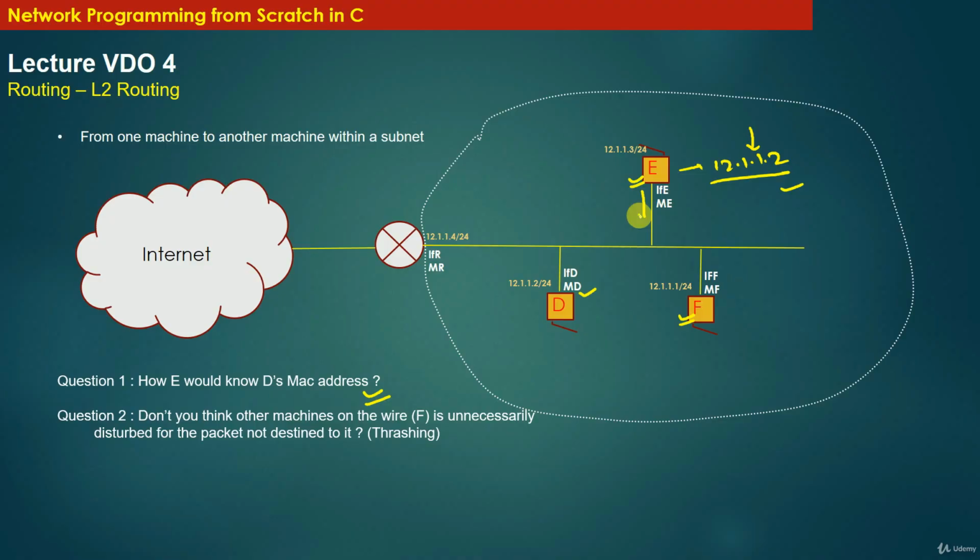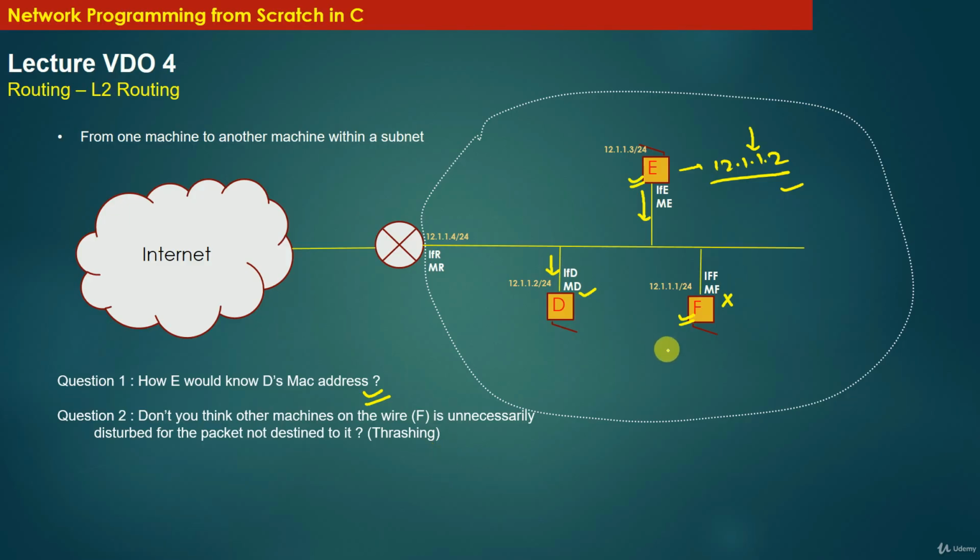Machine E placed the packet on the wire and machine D accepted the packet, whereas machine F rejected it. Although machine F rejected the packet, it was unnecessarily disturbed with a packet which was not destined to it. The data link layer on machine F actually processed the packet only to reject it. We say that machine F is subjected to thrashing.